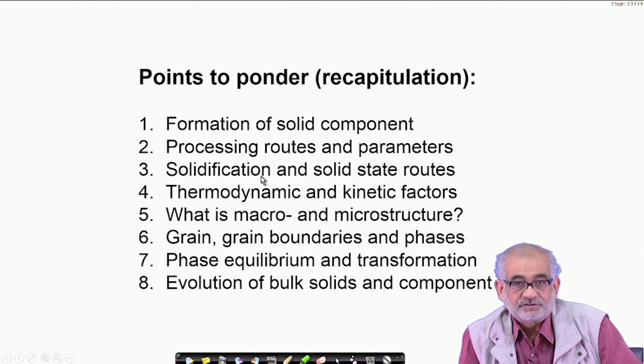We can form solids either from the melt, which we call solidification. I didn't mention, but we certainly can also form solids from the vapor in various important cases, and we call them condensation processing.